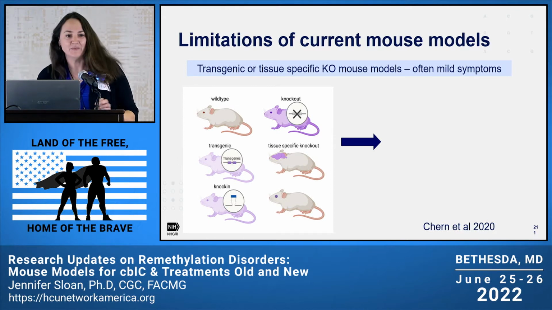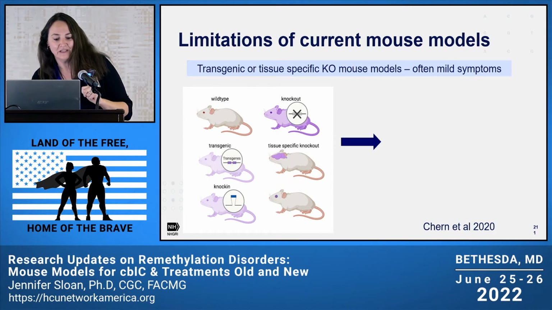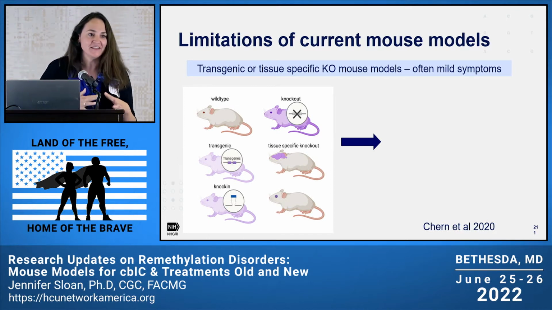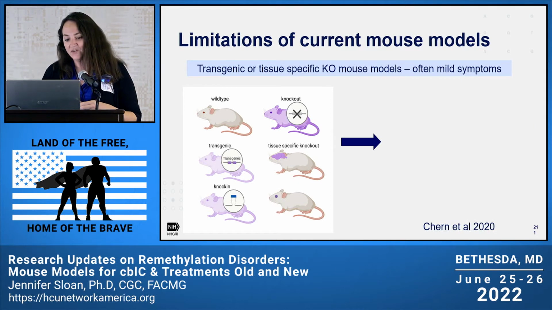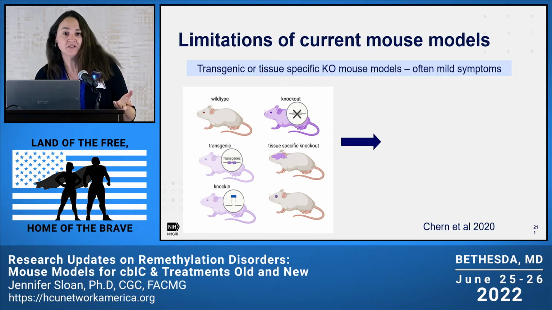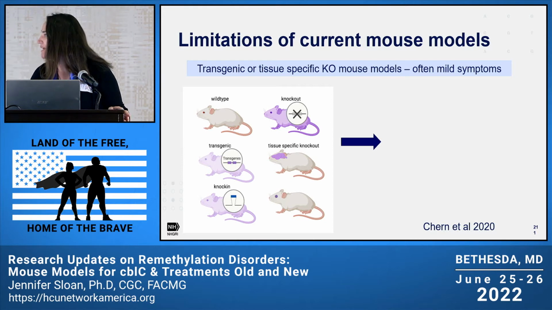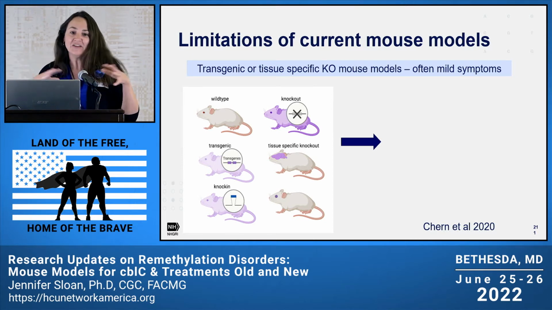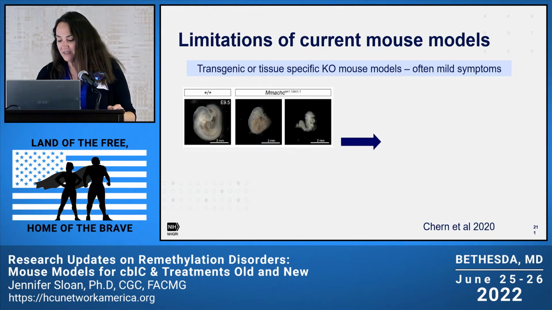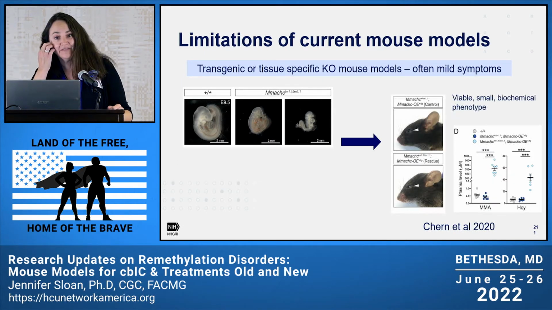The purple is where we knocked out the gene completely, but then we can give back the gene for a transgenic mouse, or we can make a tissue-specific mouse. We can make a mouse in which the gene is only knocked out in the brain or in the eye, for example. So we can give back more of the gene that's not working, and maybe get a surviving animal.